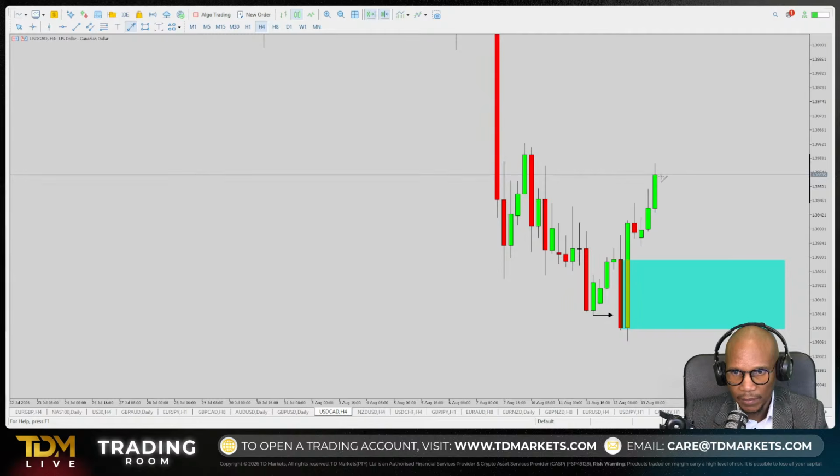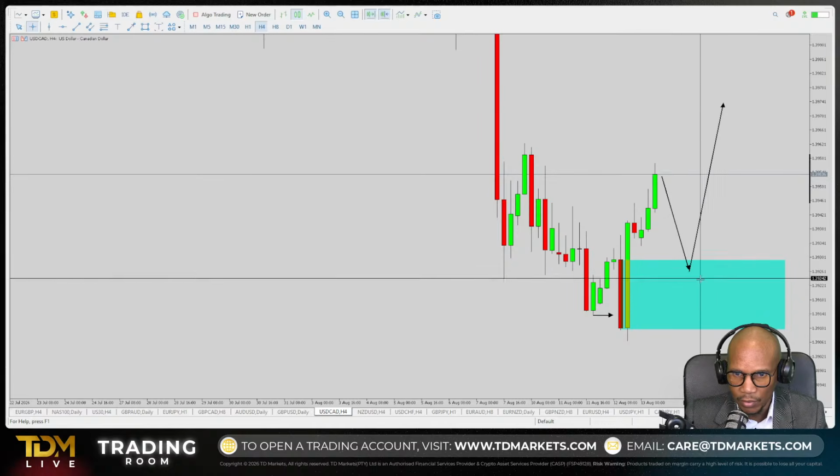Chances are price might come back to tap this order block and then go up. We've got a 4-hour order block down here. So there's a chance that price might come back down to tap this order block and then go up, which means if it doesn't form a correction, I would look for buys down here on this order block.